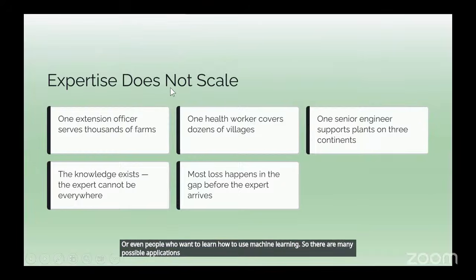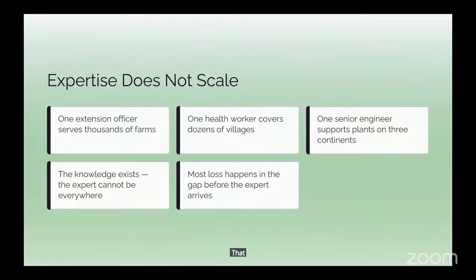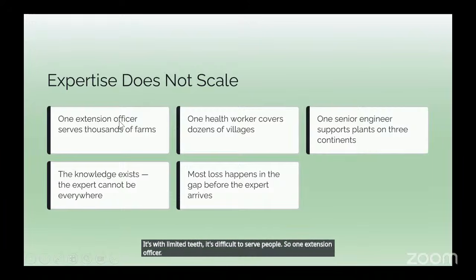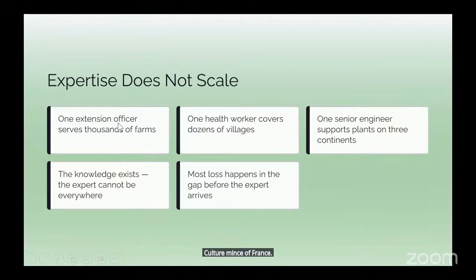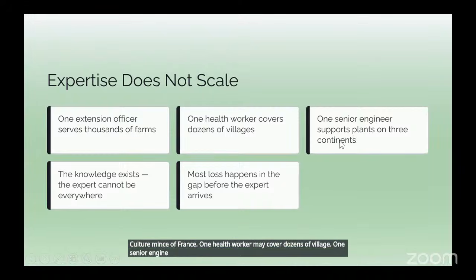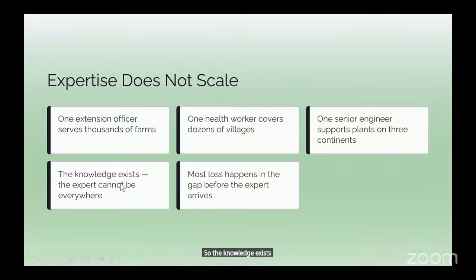So expertise does not scale. That means with limited expertise, it's difficult to serve people. So one extension officer, one expert in agriculture, covers many farms. One health worker may cover dozens of villages. One senior engineer supports plants on 3 continents. So the knowledge exists, but the expert cannot be everywhere.